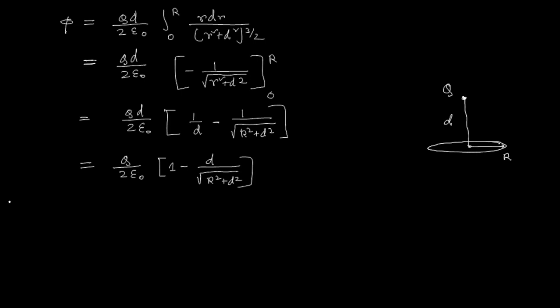Now let me give you one amazing point. Right here you see we have a circular disk or circular loop of radius r, and we have placed a charge at a distance d on its axis. Now in this case, if I put r tends to infinity, that means if I make the radius of this circular loop infinite, then what will happen?